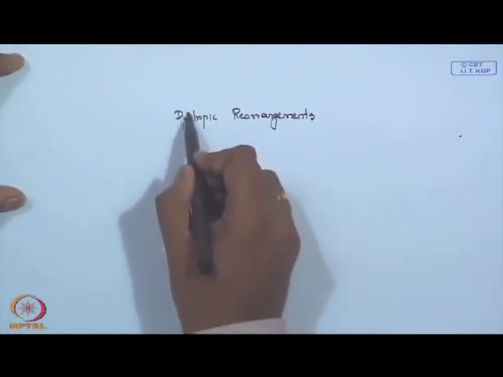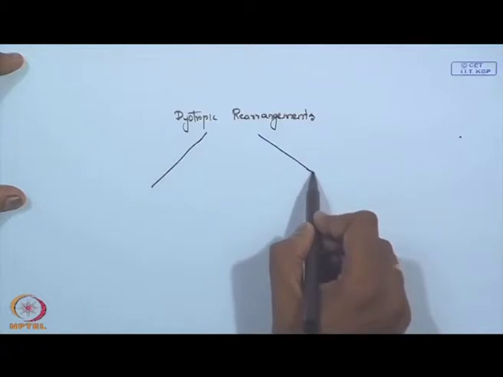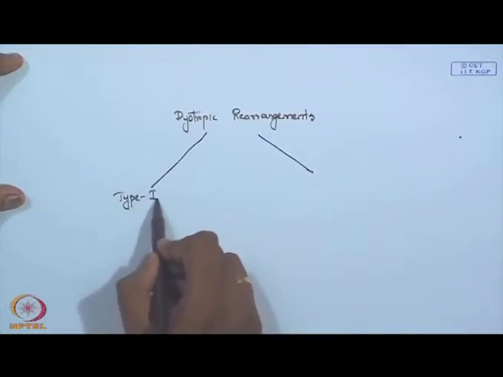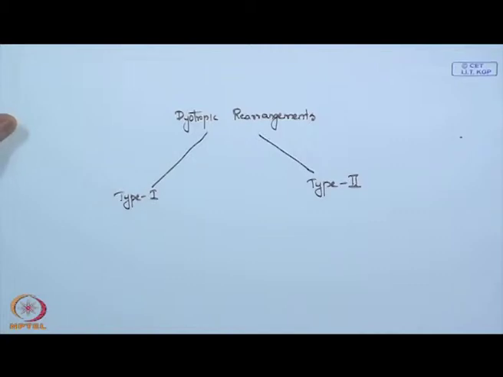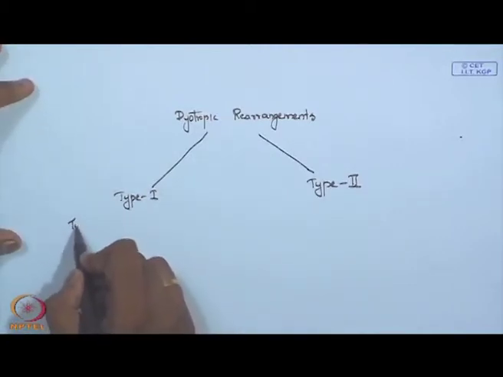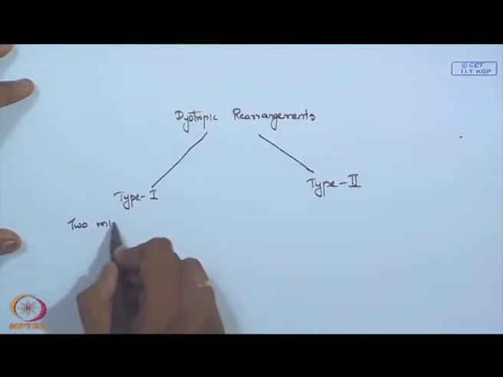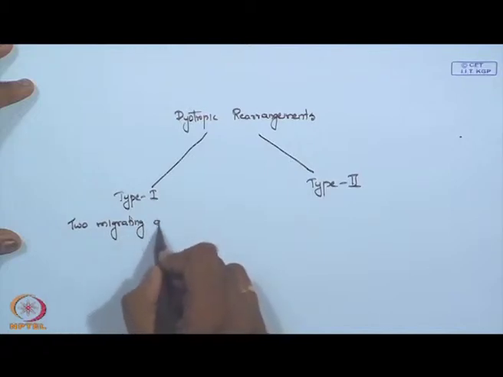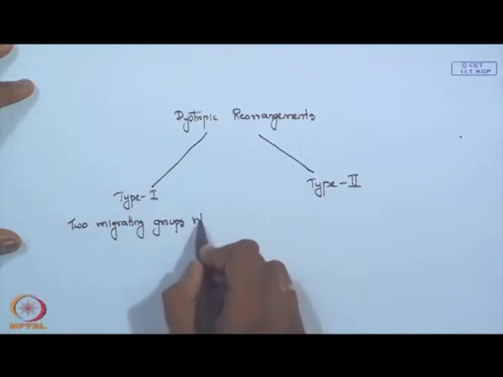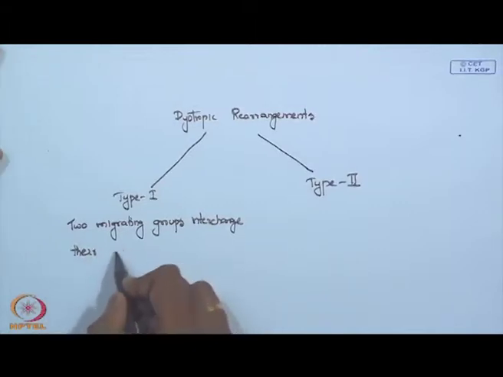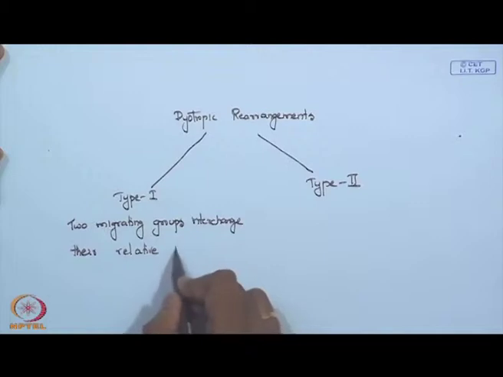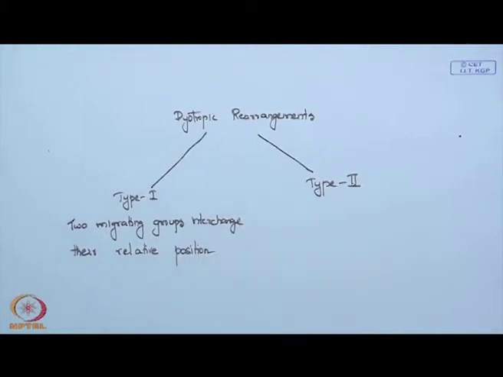Two migrating groups interchanging their relative position fall under type 1 of dyotropic rearrangements.